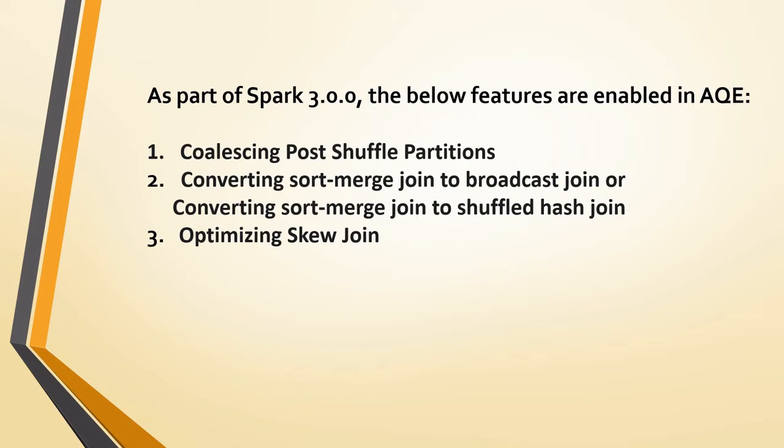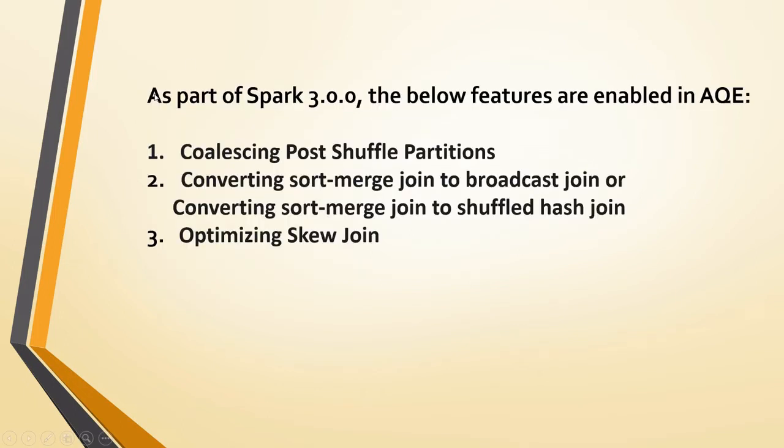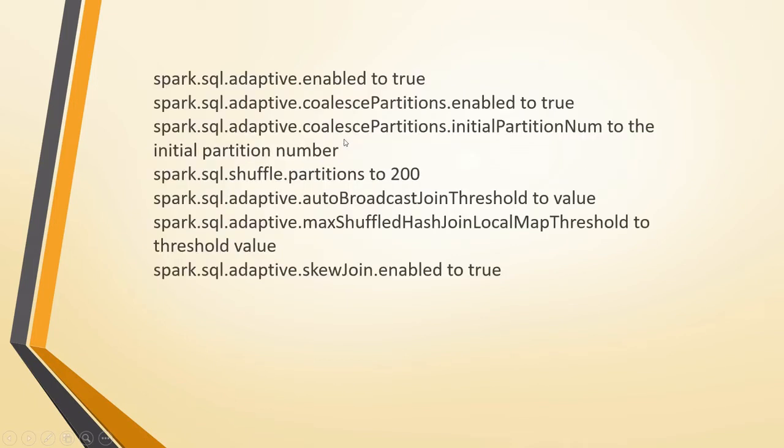While using this configuration, we need to make sure that spark.sql.adaptive.enabled is set to true, and the second one, spark.sql.adaptive.coalescePartitions.enabled, is also set to true. These two settings should be enabled, then only this first feature will be enabled. And you also have to give the initial partition number that you want to start with.